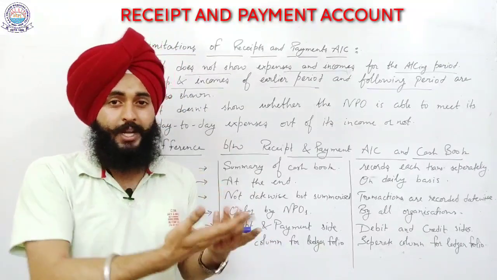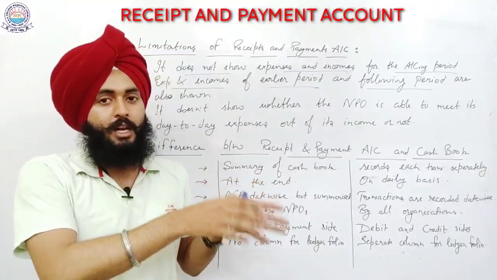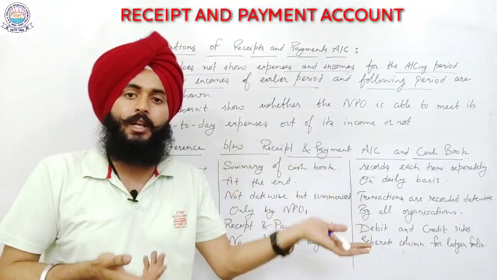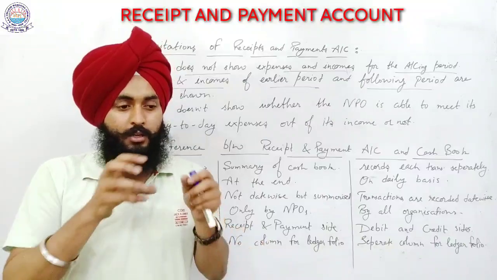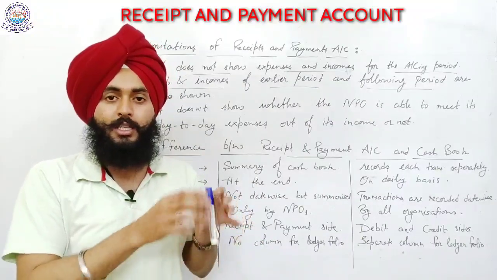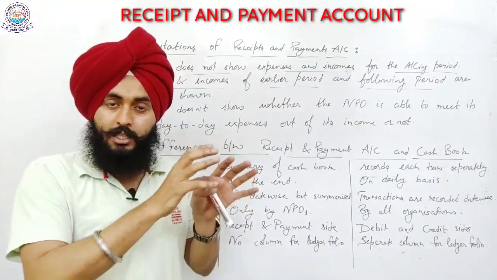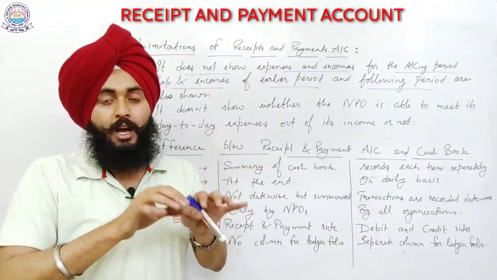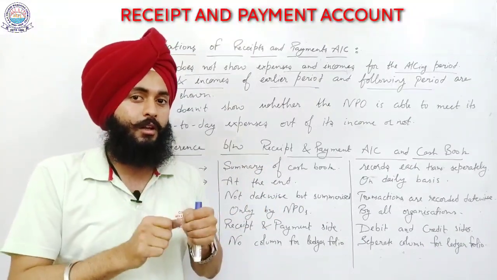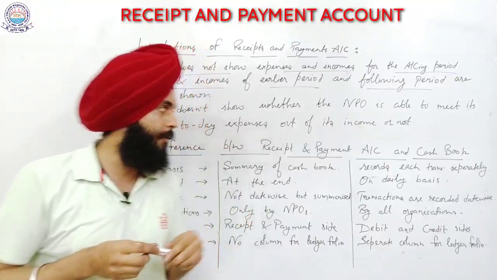We cannot separate whether it is related to last year or next year. That's why we have no clue in the receipt and payment account which receipts or payments are specifically related to the current year. So this is the main problem.